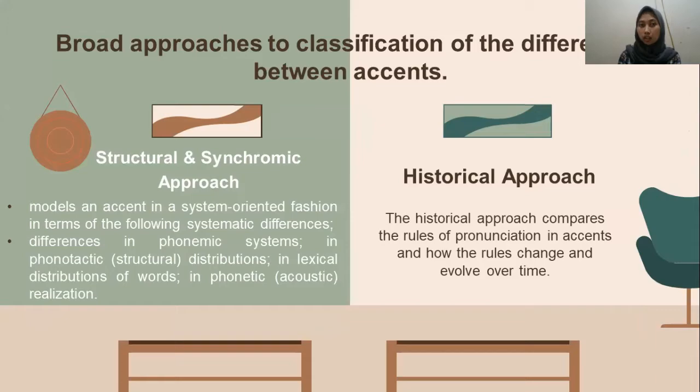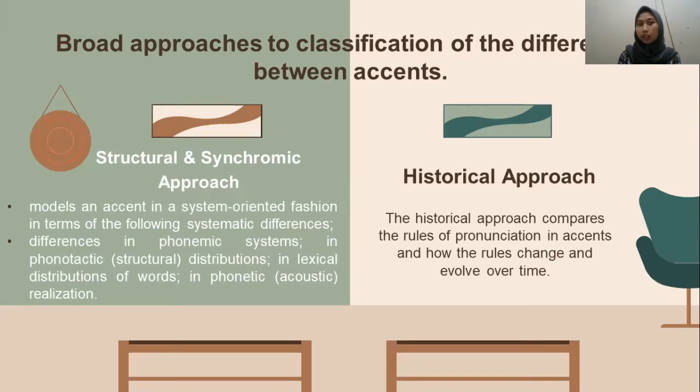It models an accent in a system-oriented fashion in terms of the following systematic differences: differences in phonemic systems, differences in phonotactic or structural distributions, differences in lexical distributions of words, and the last one, differences in phonetic or acoustic realizations.